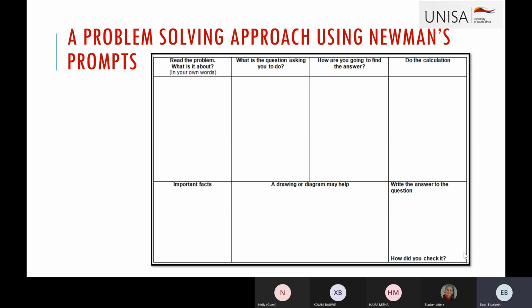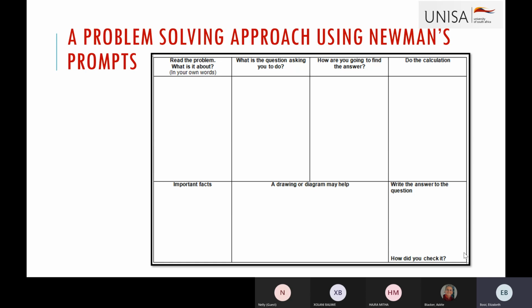Then once you have your facts, you can identify the things that are needed in order for you to be able to answer that question by means of identifying the table and the formula. And once you have that, then you can start doing your calculations.